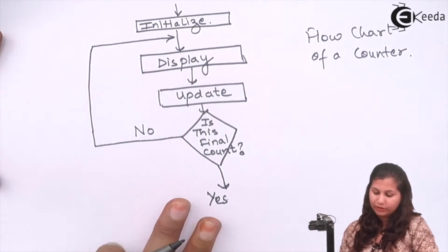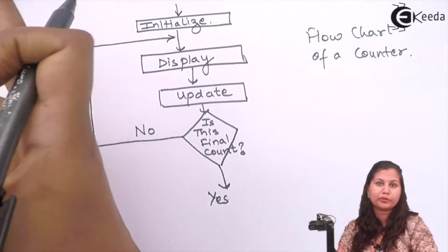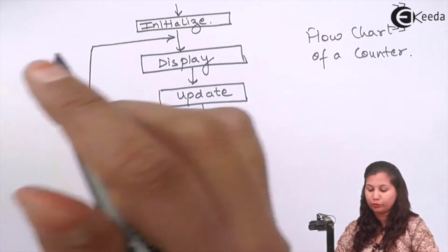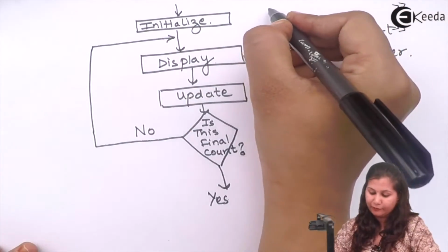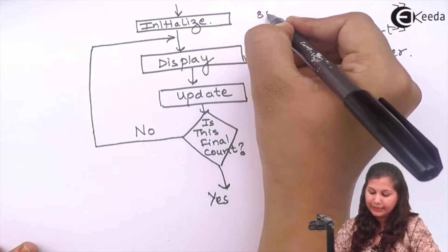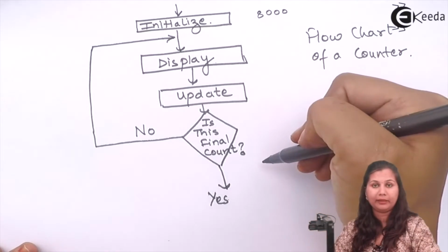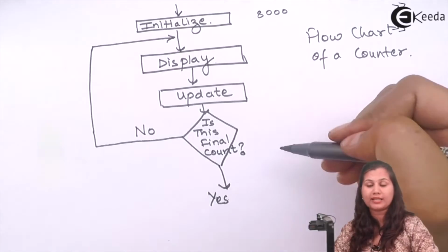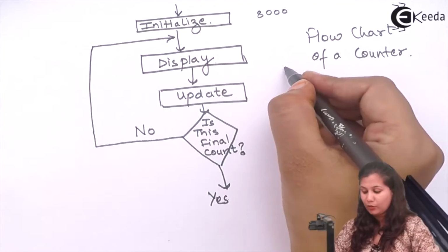But in this counter, we have a major drawback: the speed of processing the counter by a microprocessor is so fast that we are only able to see the last count. Suppose we are starting from 8,000, and every time we are decrementing. The processing speed of the microprocessor is so fast that we are going to get the display only as zero.